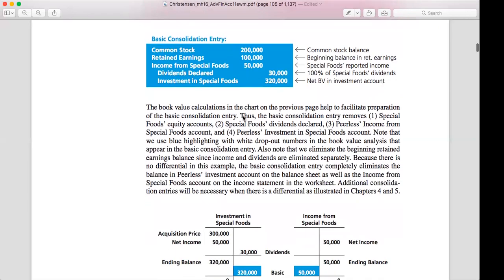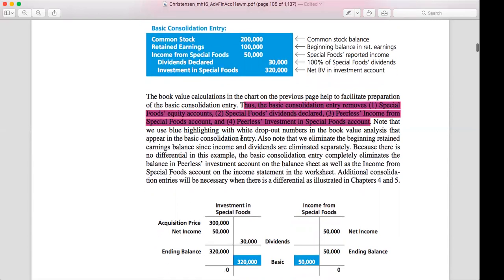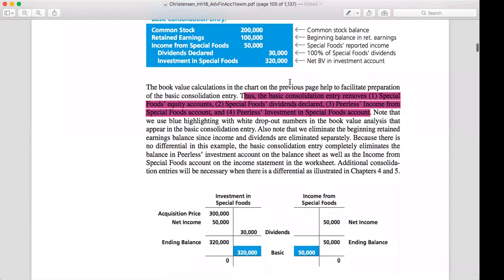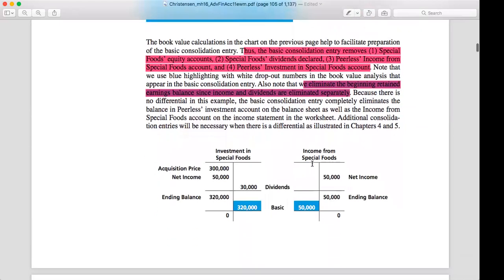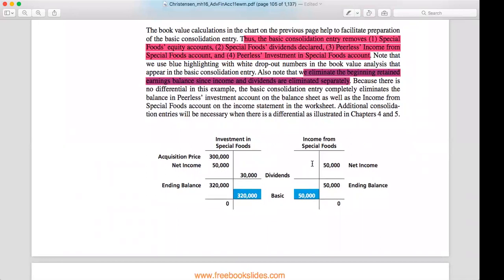It will remove the Special Food equity account, Pillars' income from Special Food, and Pillars' investment in Special Food account, right? And eliminate the beginning retained earnings balance, since income and dividends are eliminated separately.